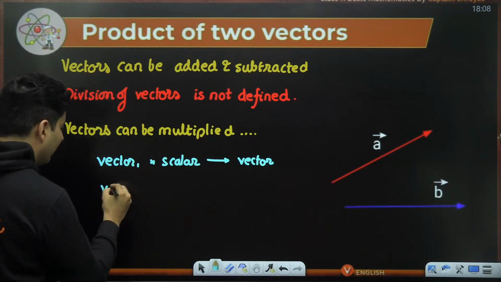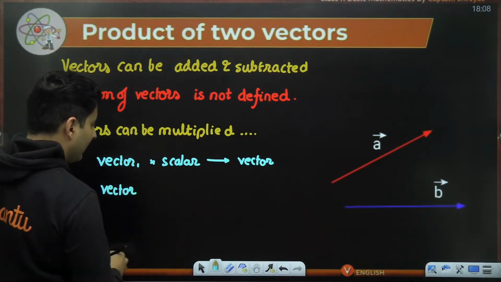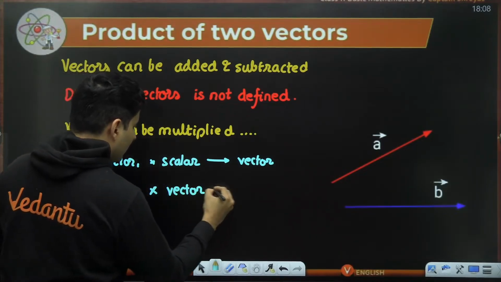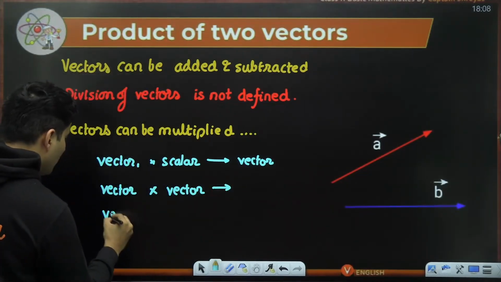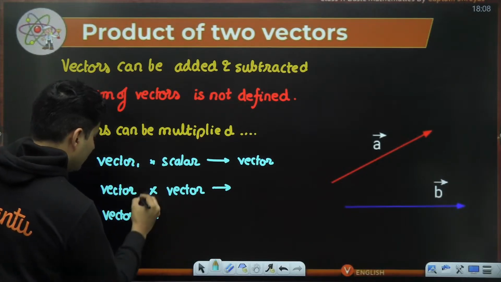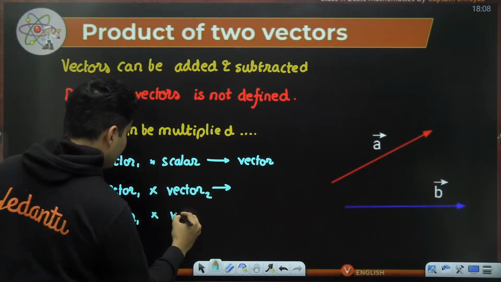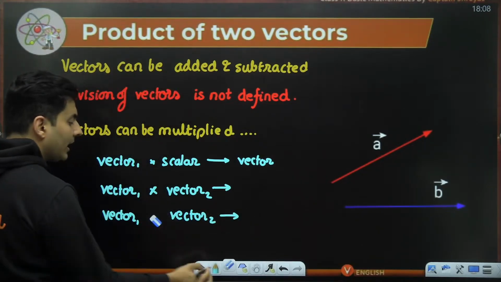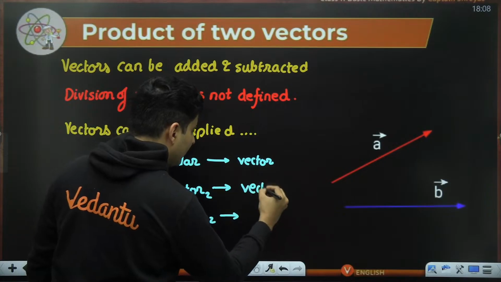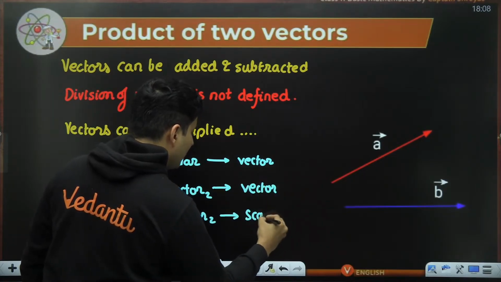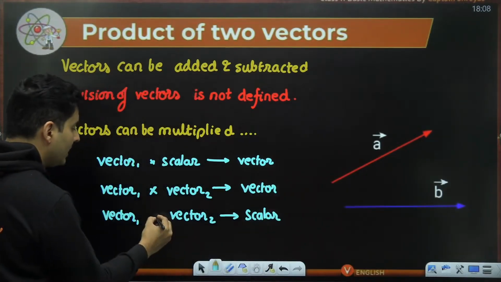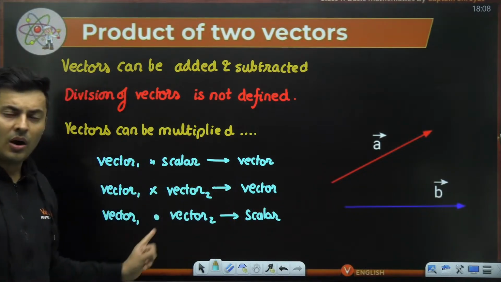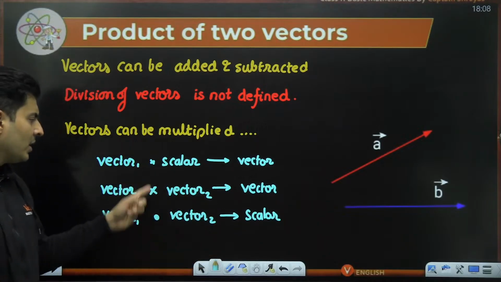Or you take a vector and multiply it with another vector. This is vector 1, this is vector 2. The output can be a vector quantity, or it can be a scalar quantity, depending on the symbol being used over here.